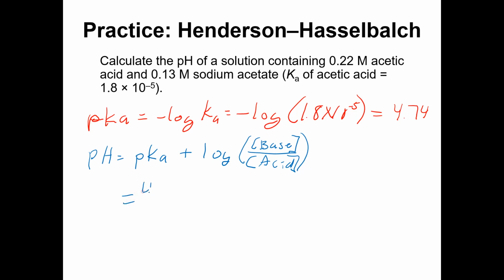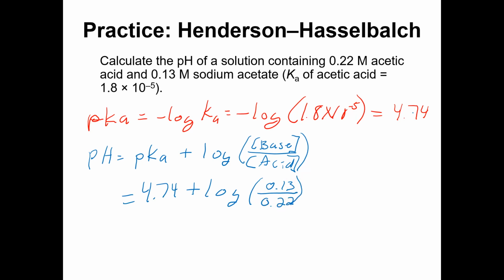So we can plug in the pKa that we just calculated plus the log of the concentration of the base, which is sodium acetate, 0.13 molar, and the concentration of acetic acid is 0.22 molar.